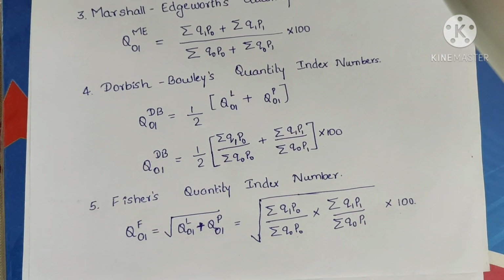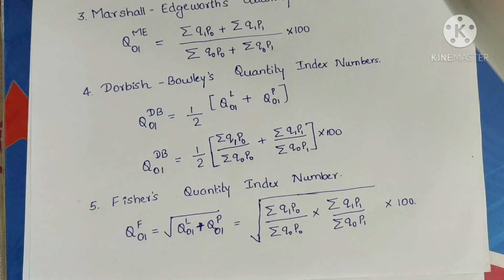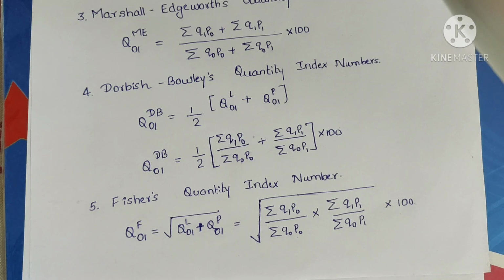It is given by Q01 equals square root of the Laspeyres quantity index number into Paasche's quantity index number, which can also be written as the square root of summation Q1 into P0 divided by summation Q0 P0, into summation Q1 P1 divided by summation Q0 into P1, into 100.